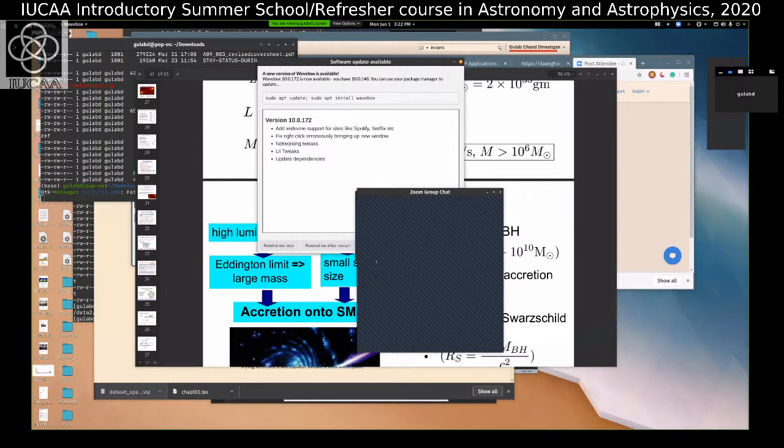From the fraction of AGN among all galaxies, what we find is roughly 1% of all galaxies are AGN. So from that statistics, we can say that the typical lifetime of an AGN should be about 10 to the power 8 years.